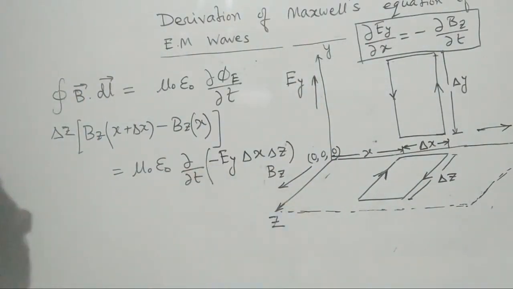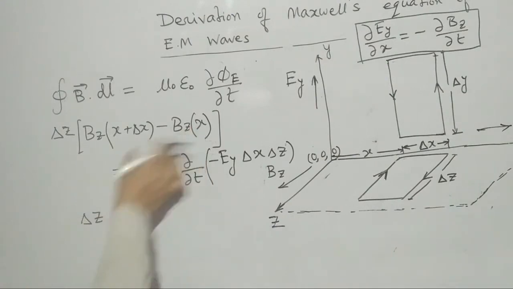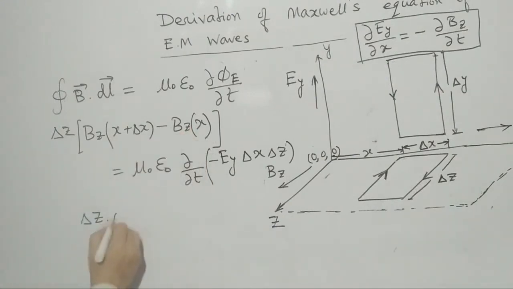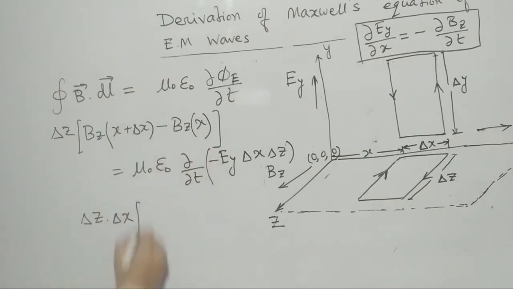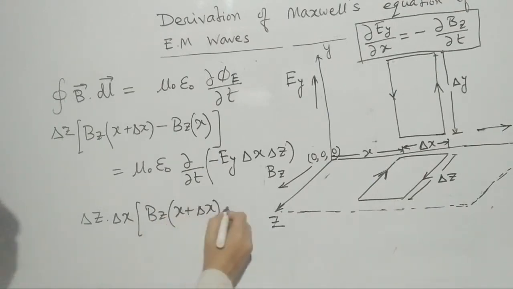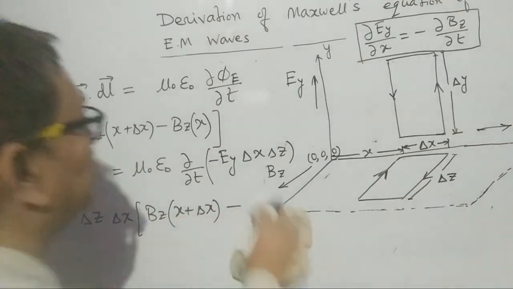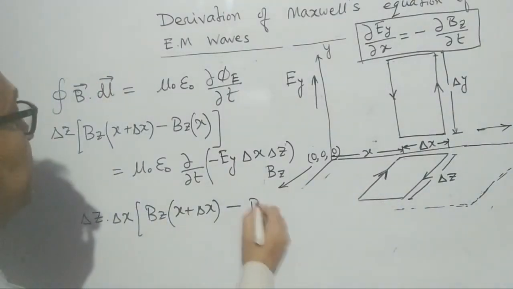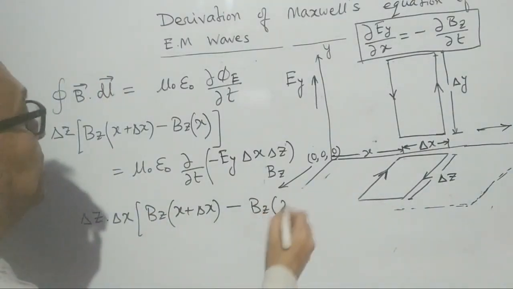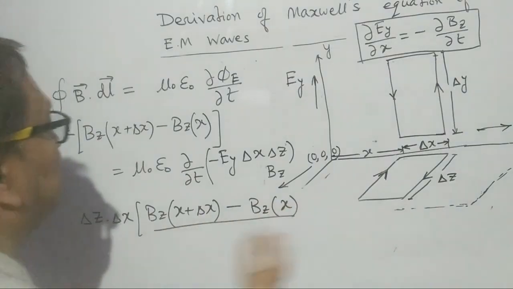Nothing but this. Okay, now again here, so this is delta z, and if we give a delta x here, so again it will be divided by delta x. So it will be like Bz at a distance x plus delta x minus Bz at a distance x whole divided by delta x.